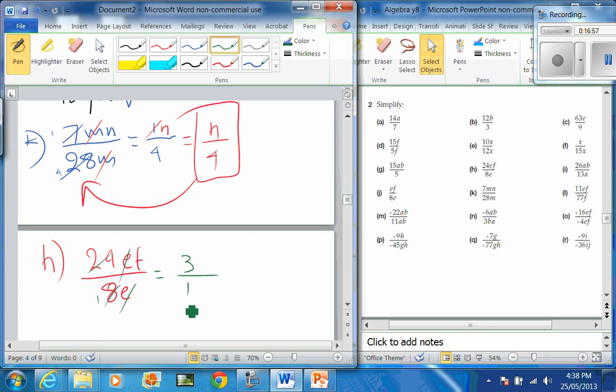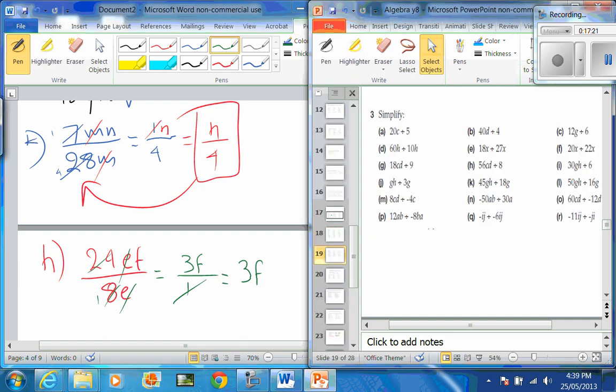So I don't have anything else underneath the denominator but 1. And I have been left with F up here. So what's my answer? 3F divided by 1 equals exactly 3F. Because 1 is none. I think that we're about to get that.